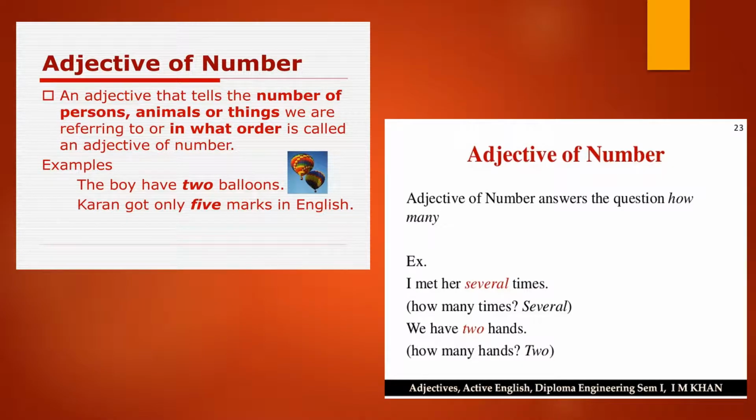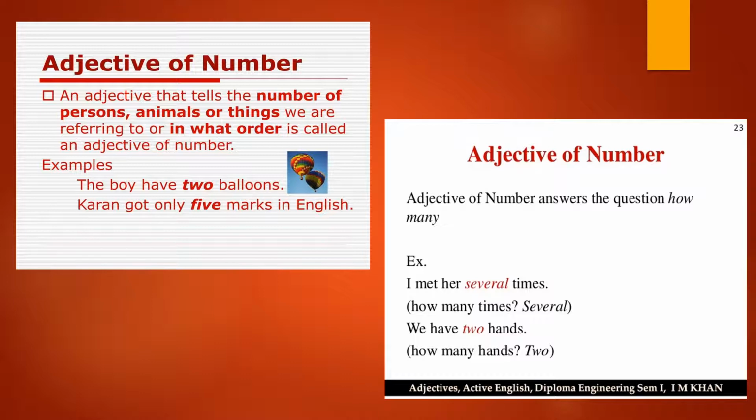Now students, in this slide we will learn about adjective of number. An adjective that tells the number of a person, animals or things we are referring to, or in what order, is called an adjective of number. An adjective of number answers the question how many.